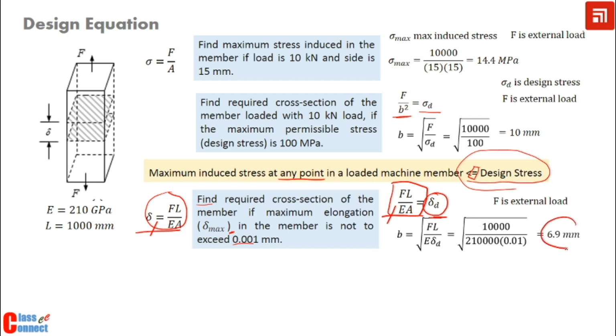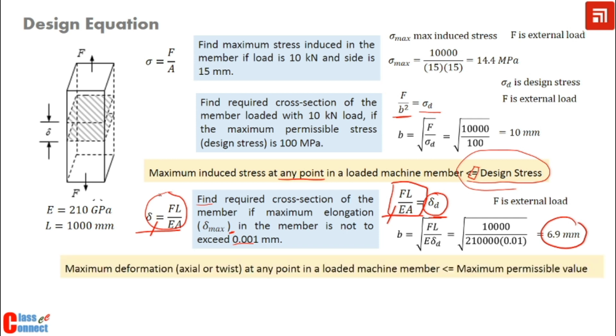In this particular case, we can write down the design equation like this: the maximum deformation, that may be axial or twisting, or sometimes even slope or deflection in case of bending, at any point in the loaded machine member should be less than or equal to this, and for the optimum design we have to take the equal sign, and this is the maximum permissible value.